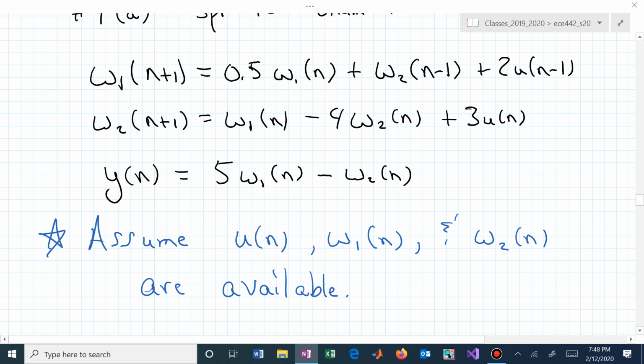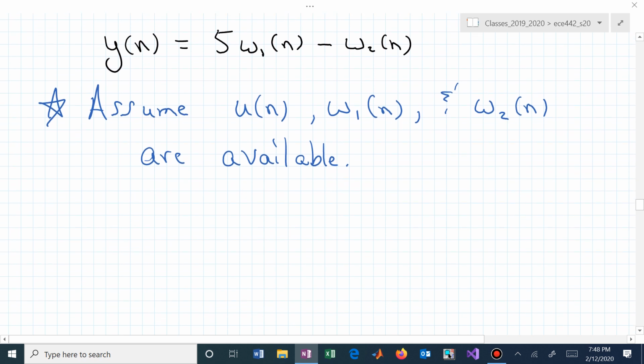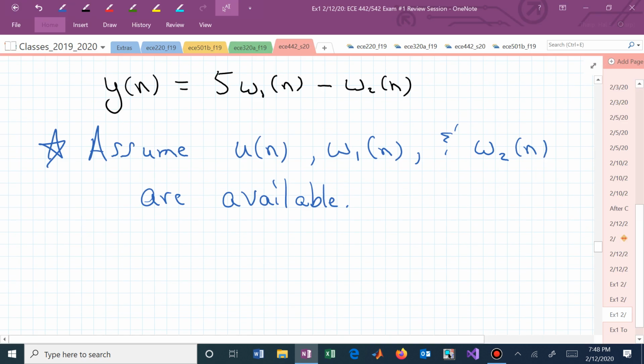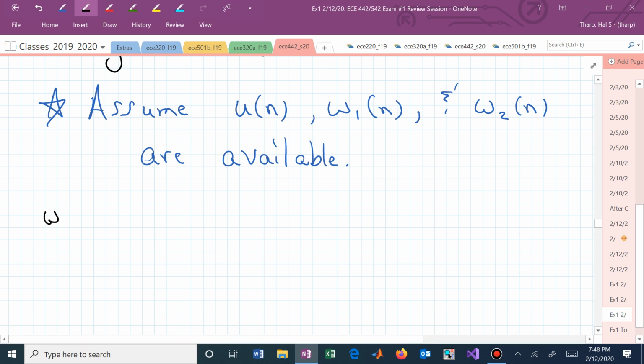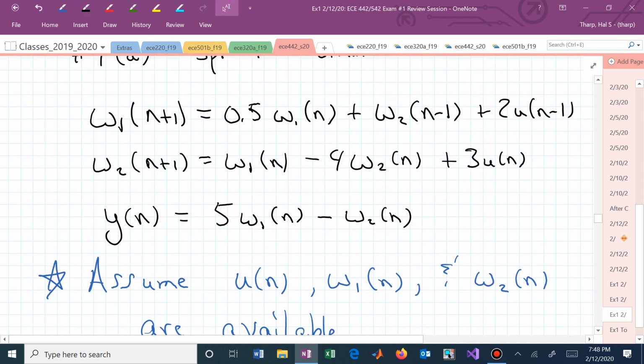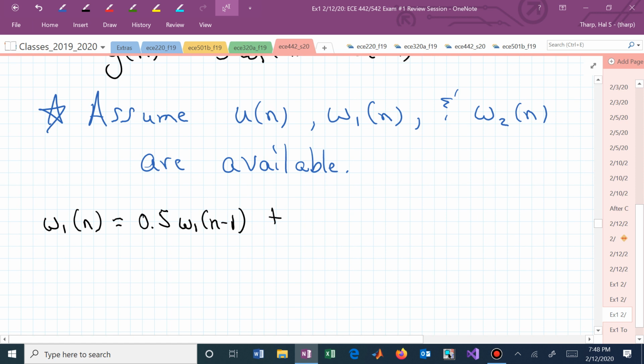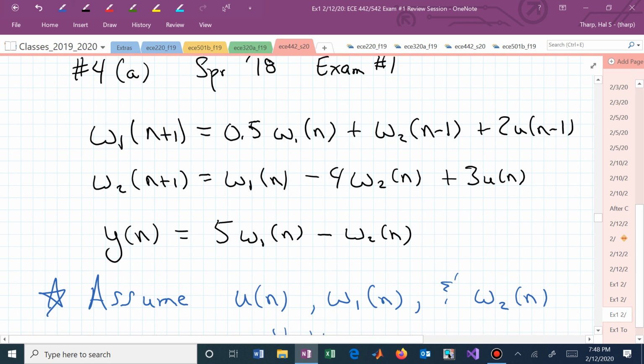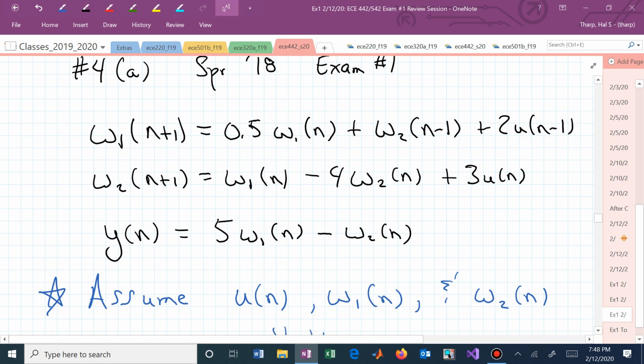My W1 equation now, and I hope this will make sense as we get into this, is W1 of n equals 0.5 W1 of n minus 1 plus W2 of n minus 2 plus 2 U of n minus 2.